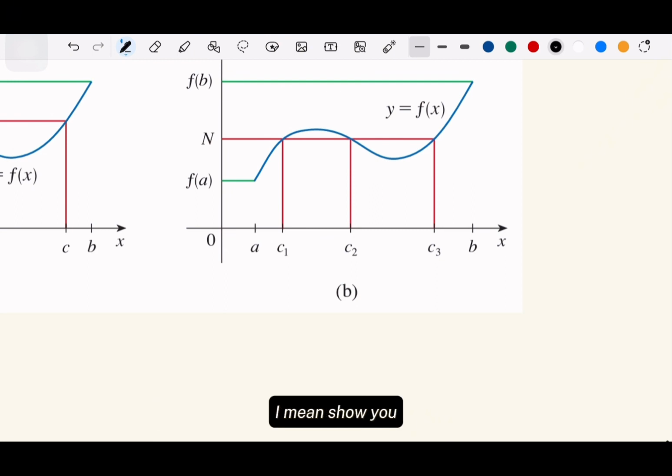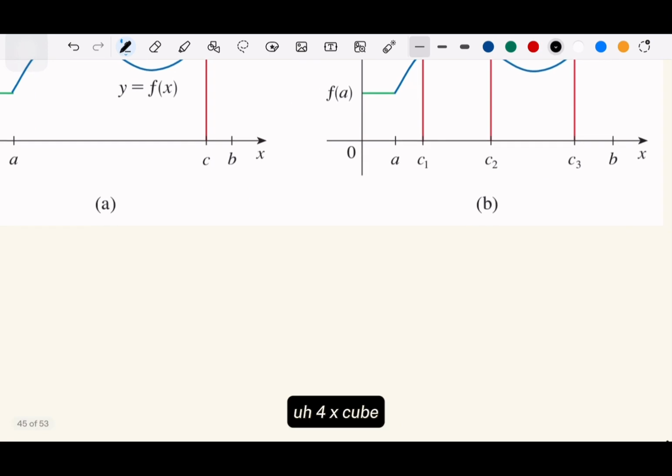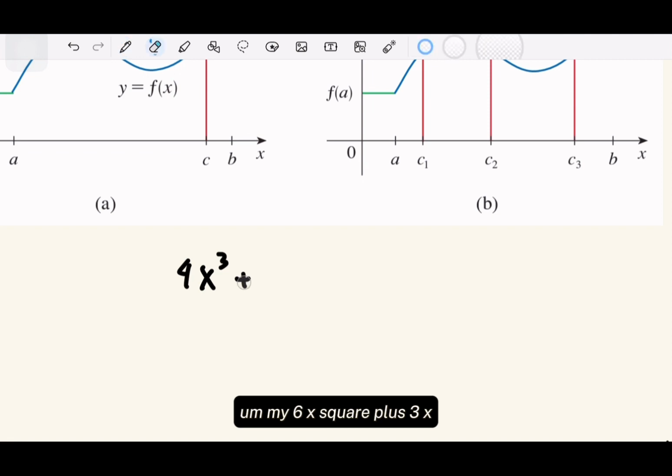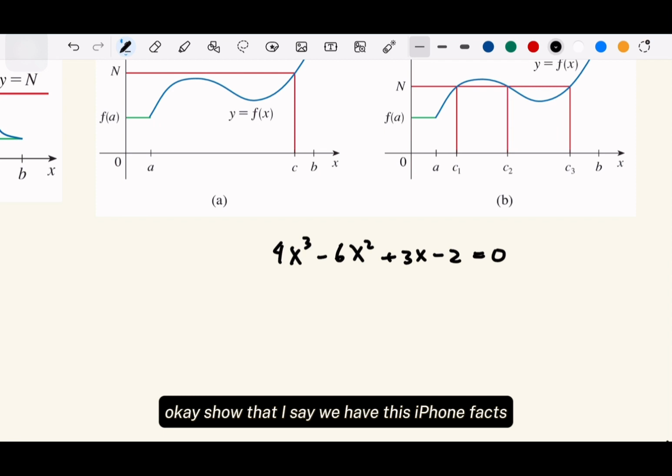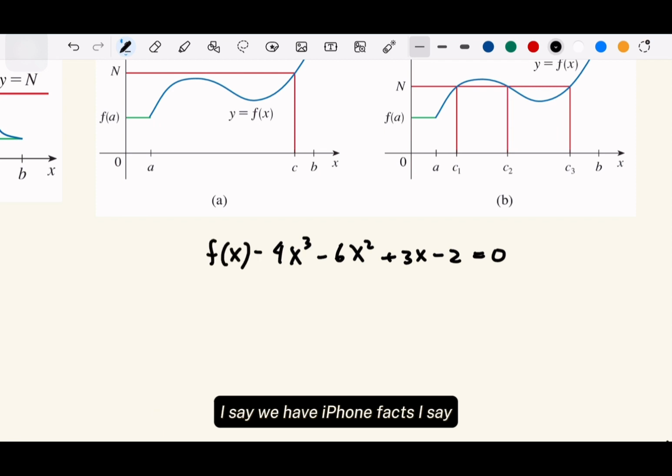For example, let me show you. f of x equals 4x cubed minus 6x squared plus 3x minus 2.